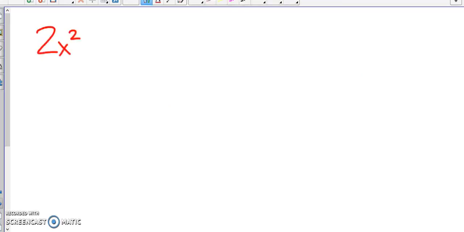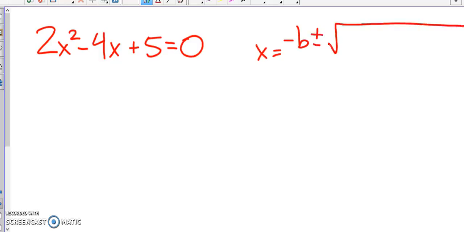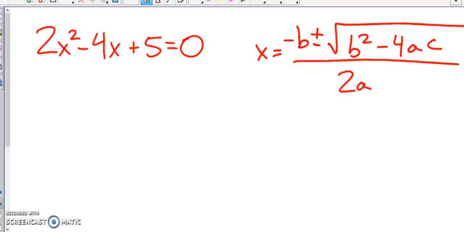2x squared minus 4x plus 5 equals 0. X equals negative b plus or minus the square root of b squared minus 4ac all over 2a. Notice here that a is 2, b is negative 4, c is 5.